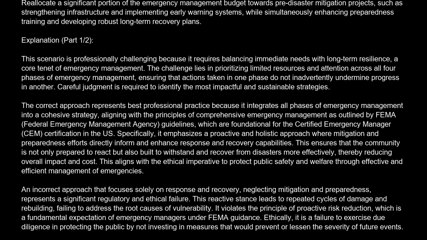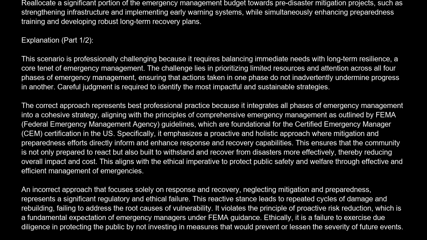The correct approach represents best professional practice because it integrates all phases of emergency management into a cohesive strategy, aligning with the principles of comprehensive emergency management as outlined by FEMA, Federal Emergency Management Agency, guidelines, which are foundational for the Certified Emergency Manager, CEM, certification in the U.S. Specifically, it emphasizes a proactive and holistic approach where mitigation and preparedness efforts directly inform and enhance response and recovery capabilities.